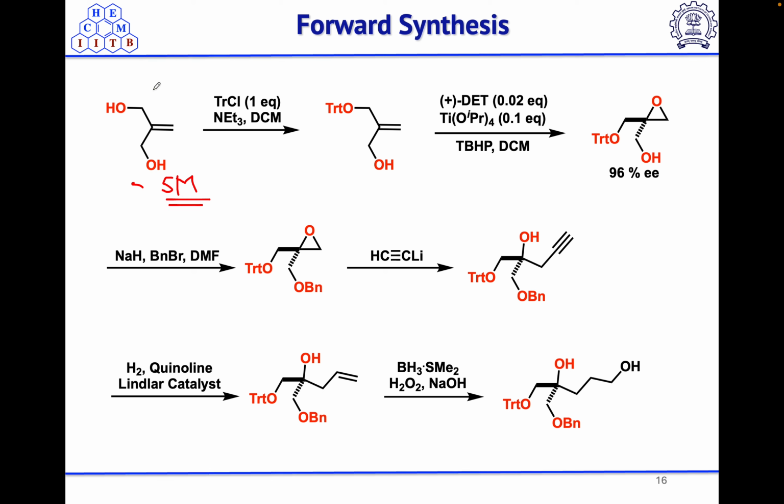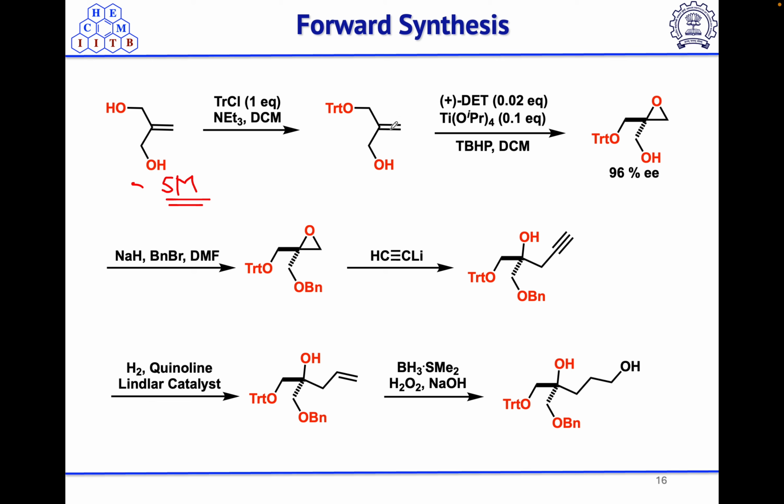We have to treat this with one equivalent of trityl chloride in triethylamine and DCM. So one of the alcohols will get protected with the trityl group, so let's say this alcohol is protected as O-trityl. Then see, it is an allylic alcohol.